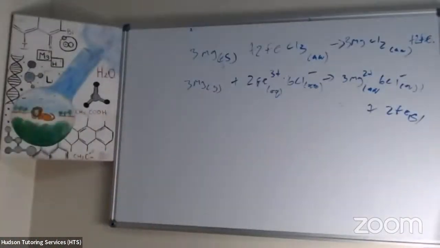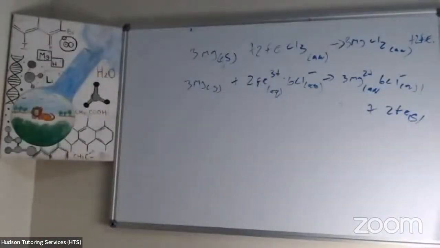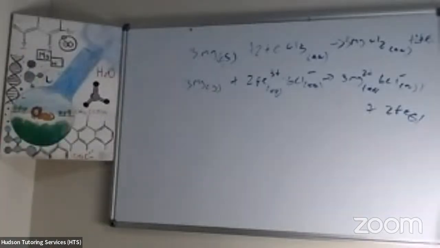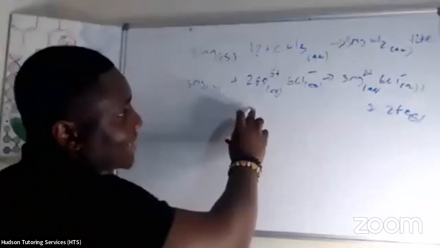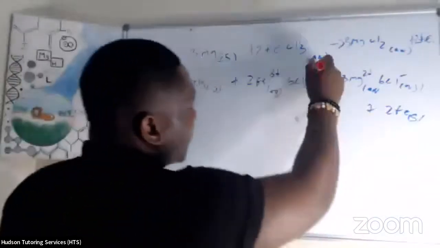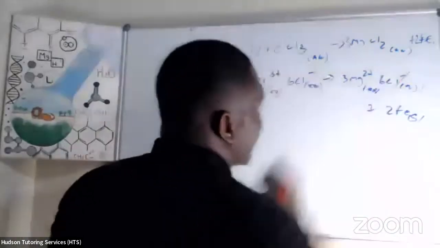Next step is to remove our spectator ions. What are spectator ions? It's any species that remains chemically unchanged on either side of the equation, that is, their state symbol remains the same. Iron's state symbol does not remain the same, so we can't rub that out. Chlorine is aqueous here and also aqueous here.